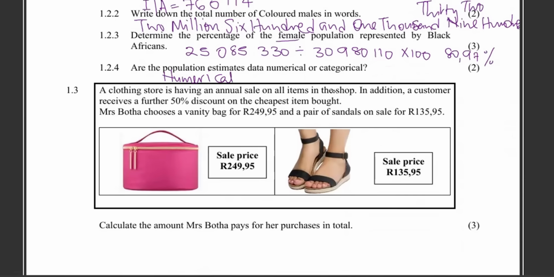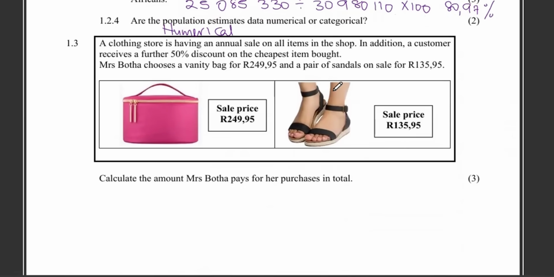Numerical. Okay. A clothing store is having an annual sale on all items in the shop. In addition, a customer receives a further 50% discount on the cheapest item bought. Mrs. Butzer chooses a V-neck top for 249 rand 95 cents and a pair of sandals on sale for 135 rand 95 cents.